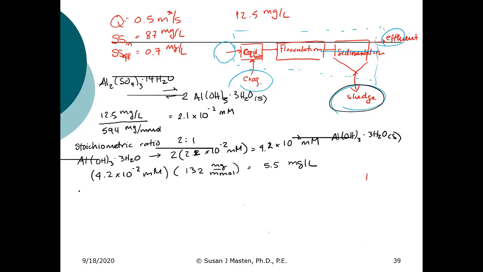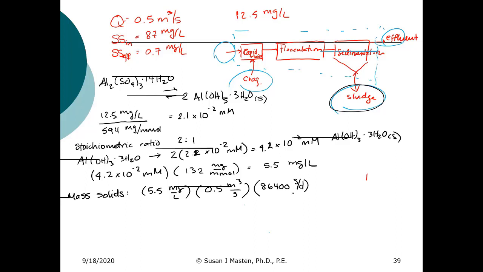To calculate the mass of the solids, we have 5.5 milligrams per liter. We're treating 0.5 cubic meters per second of water. There are 86,400 seconds per day.